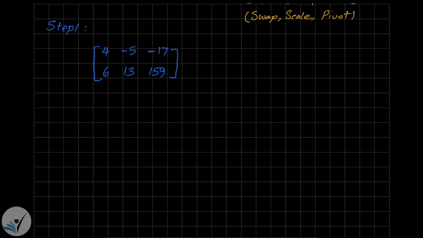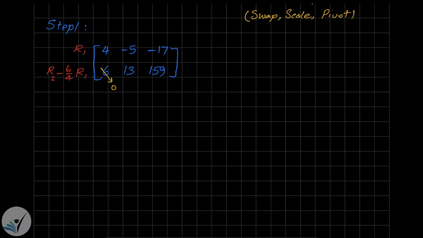In this step, the goal is to transform the 6 to 0. So this is done by replacing the second row where the second row minus 6 fourths times the first row, and the first row remains unchanged. You may ask, where did I get negative 6 fourths multiplier? I got that by multiplying number 6 here by negative of the reciprocal of the number above it.